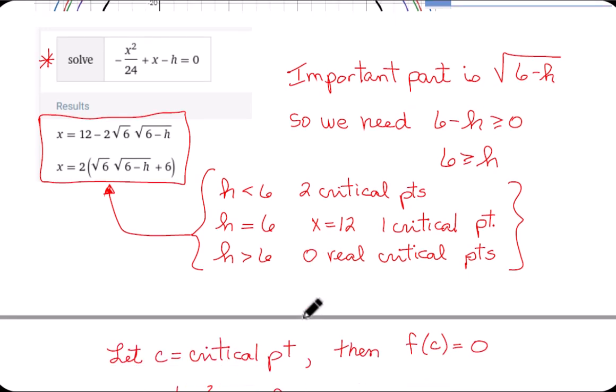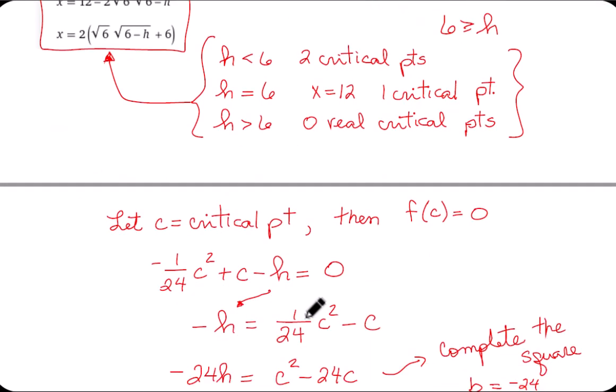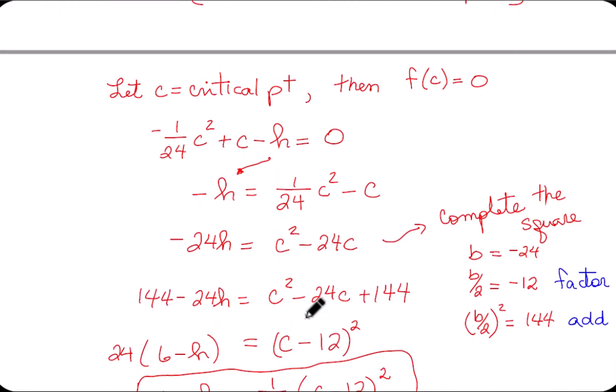And if h is bigger than 6, remember my flipped over parabola was under the axis, so no real number critical points. All right, so I'm looking further. Let c be one of these critical points, and I'm wanting to know when is my function going to be 0. All right, so looking at all that, I set all this true. A bit of algebra.